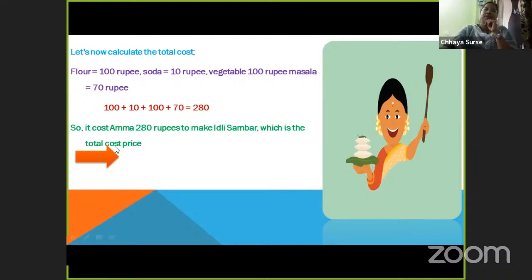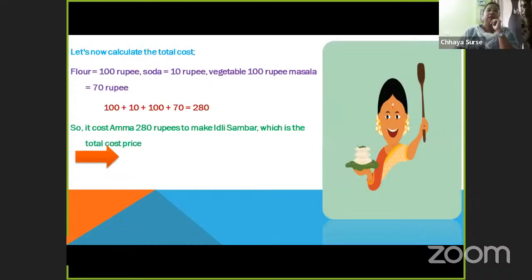Total cost price, because these things are very important for making idli and sambar. So it cost Amma 280 rupees to make idli sambar, which is called the total cost price.